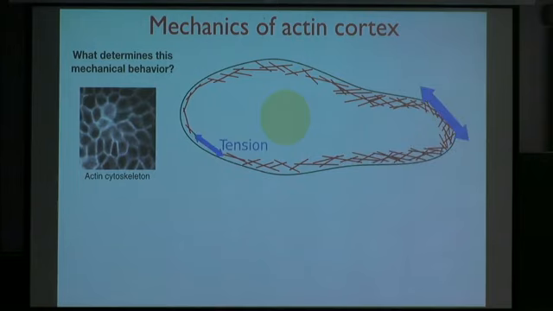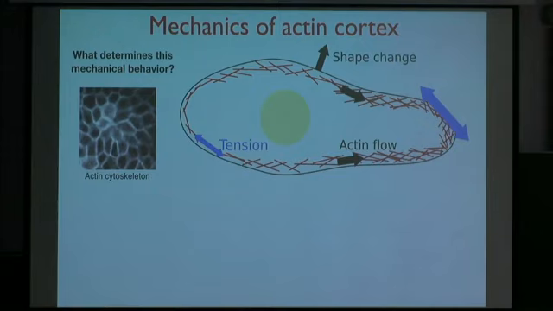In principle, you can think that you will have different tensions in different places in your cortex, and this will drive, on the one side, flows within it. For a fixed shape, it will create tangential flows of this material, and it will also lead to shape changes.